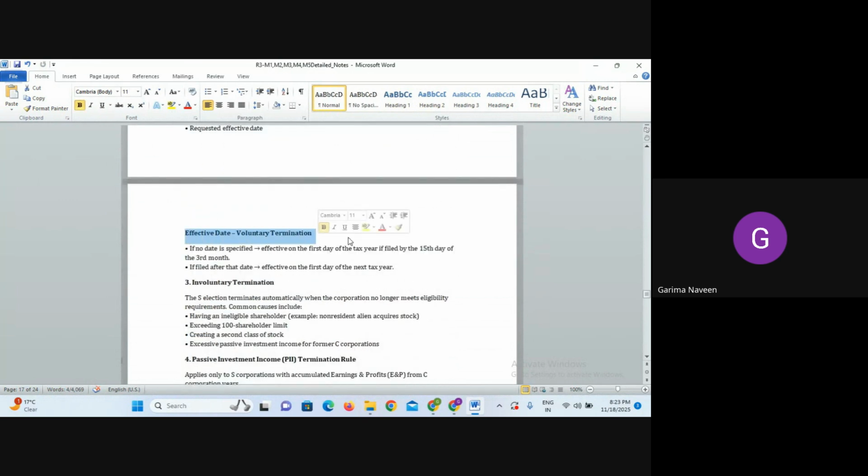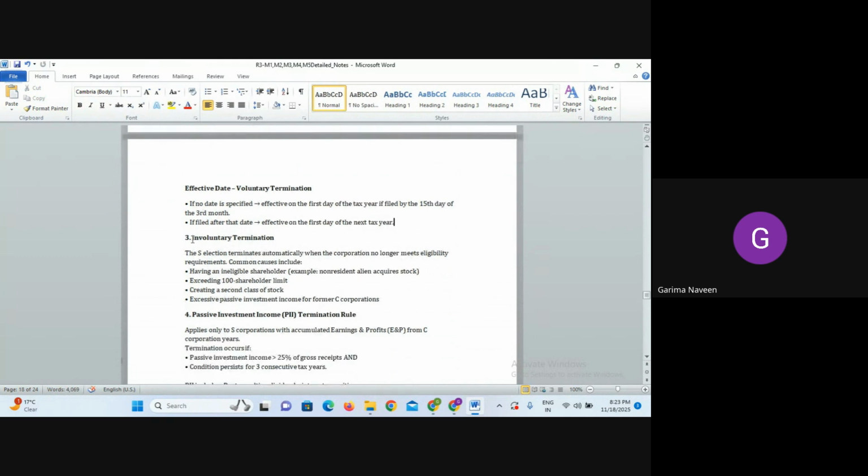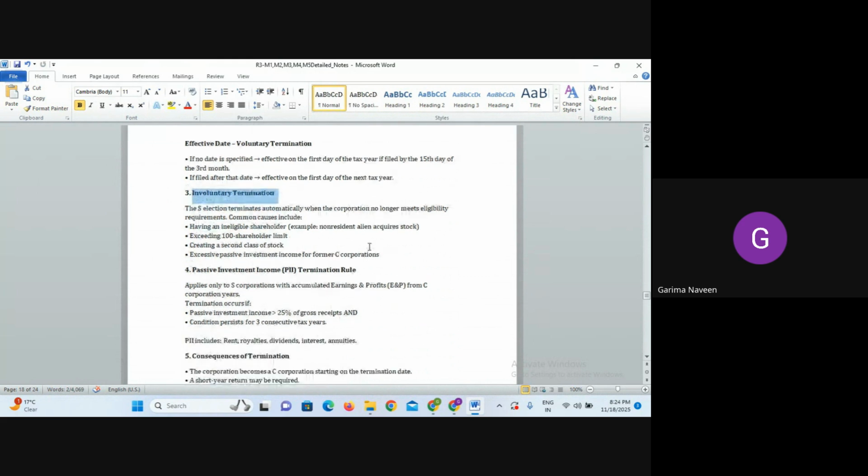Effective date of voluntary termination: if you have filed the election by the 15th day of the third month, meaning March 15, then it will be applicable for that year. But if you have filed after that date, that means your termination will be applicable from the next year. Also, you can choose a date by yourself. Involuntary termination means termination is due to some ineligibility. Okay.